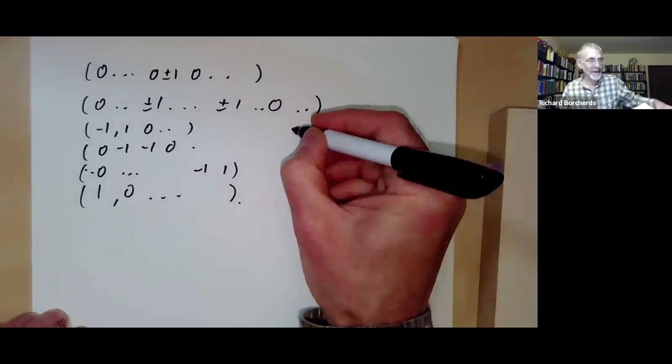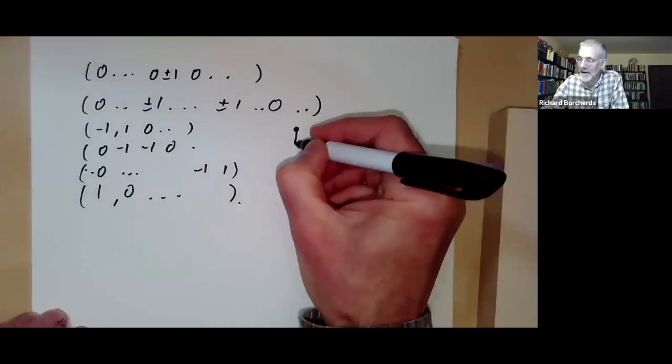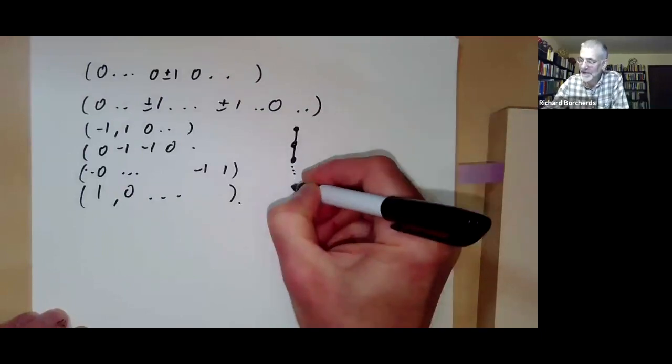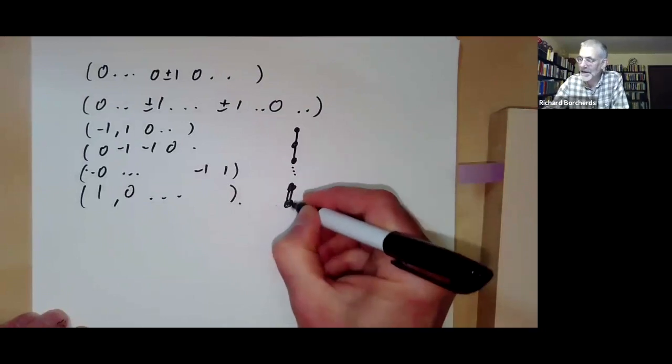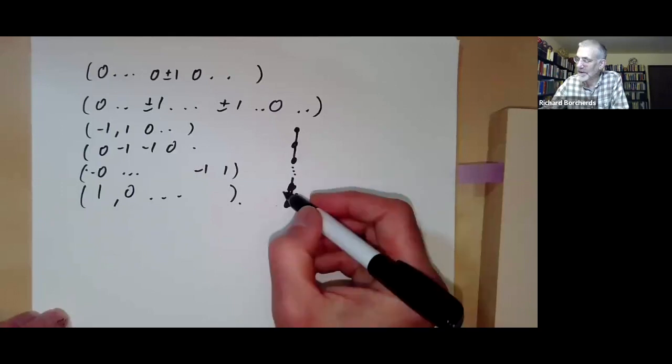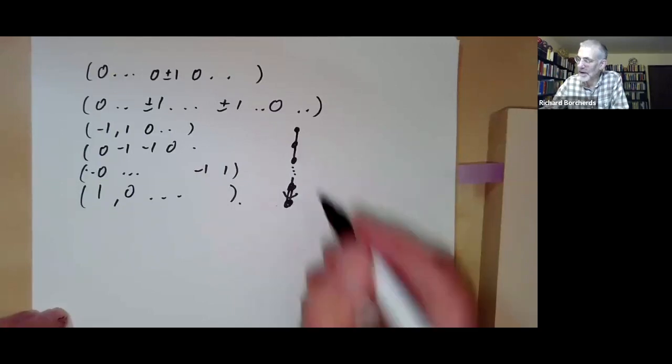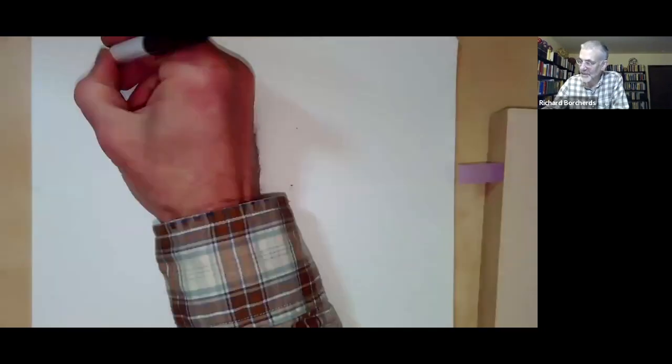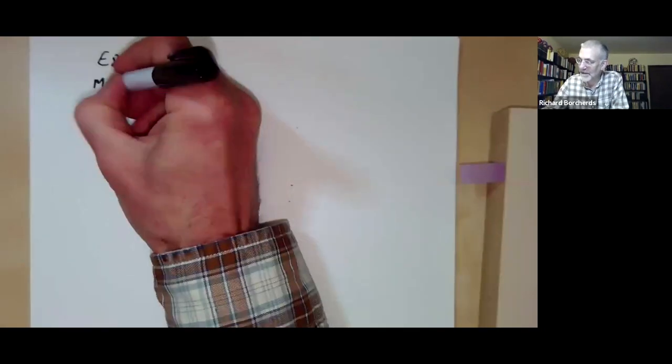Another famous example of a lattice is the E8 lattice, which consists of all vectors m1 up to m8, such that the mi are all in Z, or all the mi are in Z plus a half, and the sum of the mi is even.